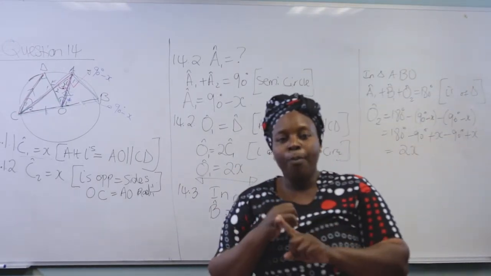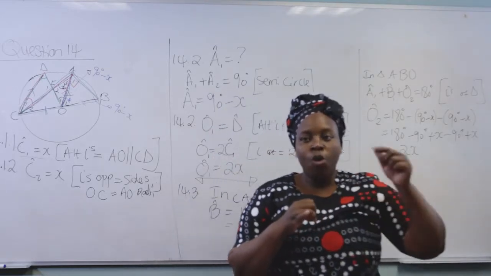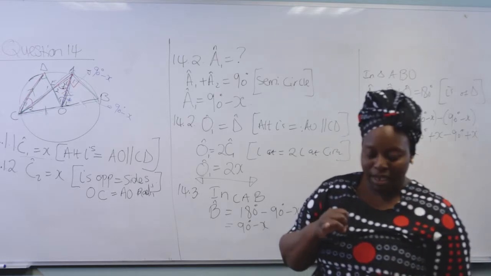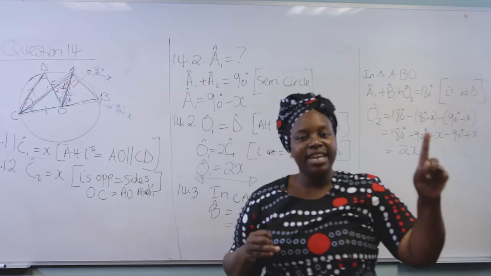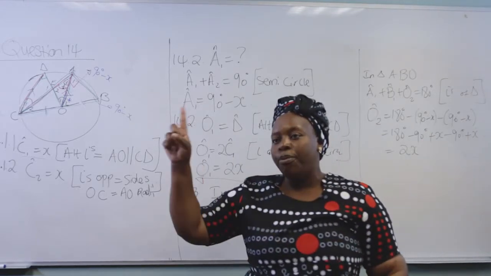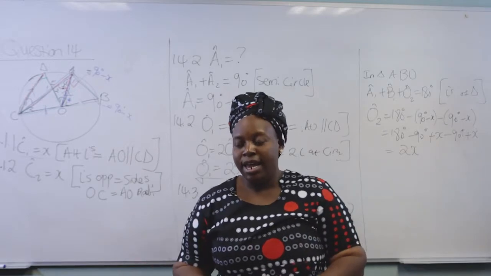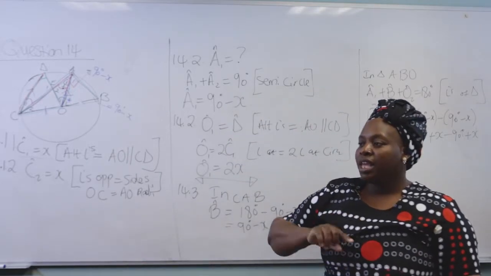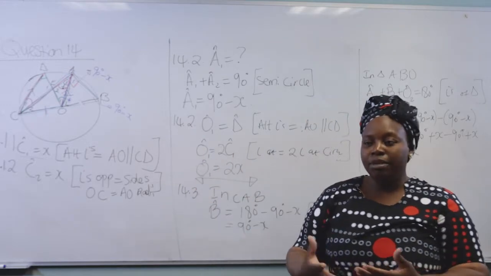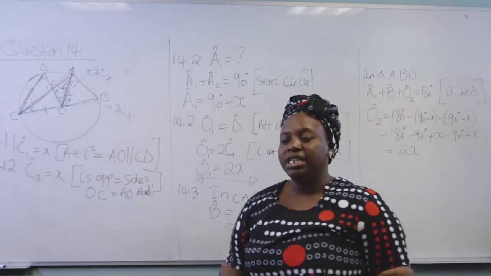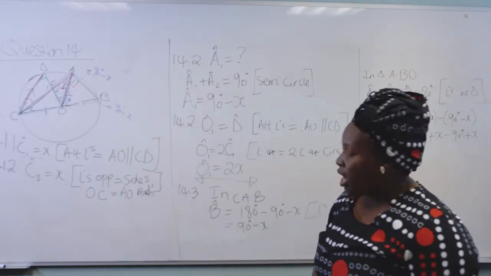One, the opposite angles of a cyclic quad must be supplementary for whatever quadrilateral to be a cyclic quad. Two, the exterior angle of any quadrilateral must be equal to the opposite interior angle for whatever shape to be a cyclic quad. And the third one is that it must subtend the same angle. So the chord must subtend the same angle, or the arc must subtend the same angle. So let's see which one can do that.